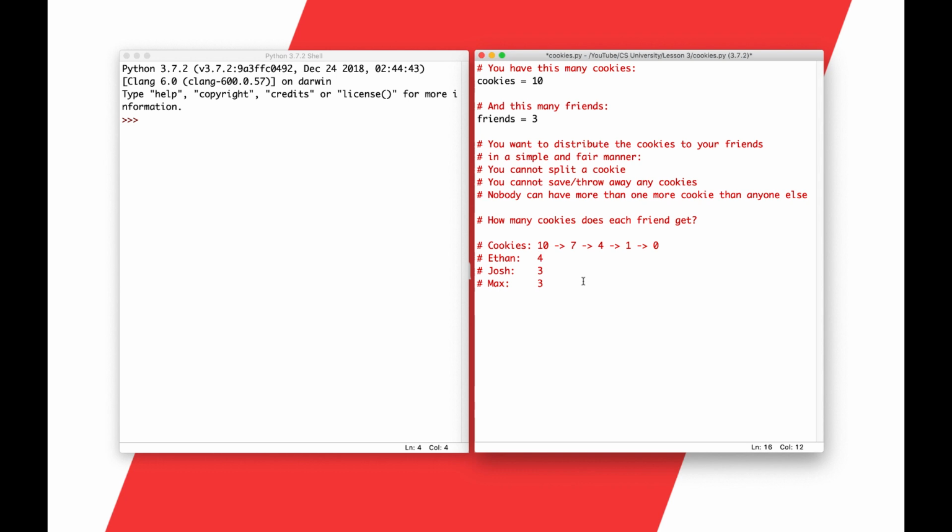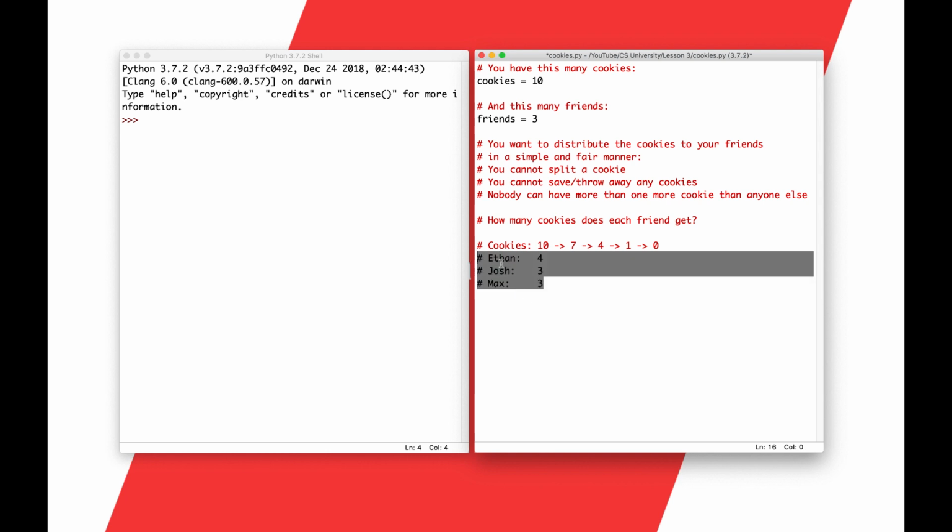So basically, when you're looking at the number of extra cookies that someone has, it can't be more than 1 more. And that's actually a really important point, because if we take all of these rules, let's make one more thing. Let's say that the names don't actually matter, right? Because we could give the extra cookie to Ethan, or Josh, or Max.